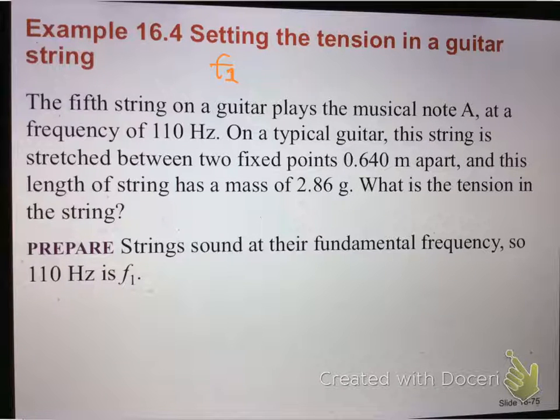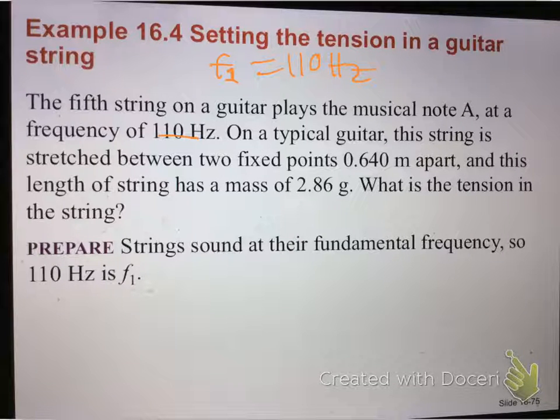You're not going to see a guitar string with 2, 3, 4 antinodes or anything like that. It'll just be one that forms. So this information here shows that this 110 hertz is our fundamental frequency.